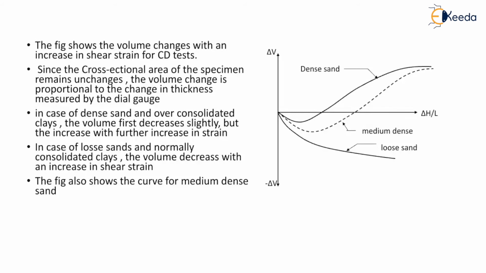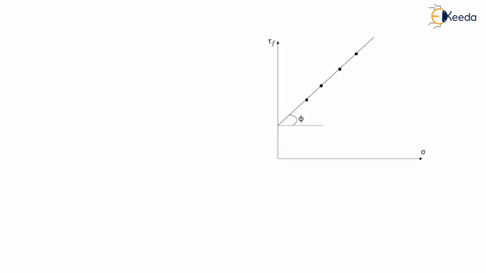But if we change the value of normal stress, different graphs will be obtained for the stress strain curve. So for n number of value of normal stress, n different graphs will be obtained. But these different experiments with the different values of normal stresses can be summarized in the form of failure envelope.